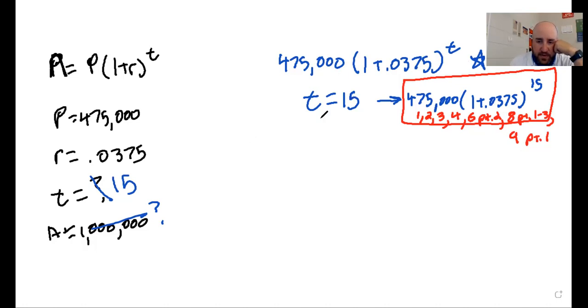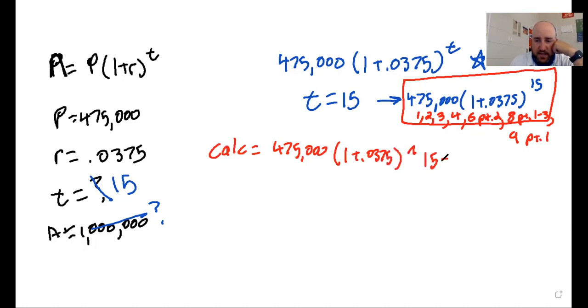And then when you do 15, you actually got to show me how you're going to punch it in your calculator. So if you have a regular scientific calculator, it's going to be 475, parentheses 1 plus 0.0375, caret 15, equals.